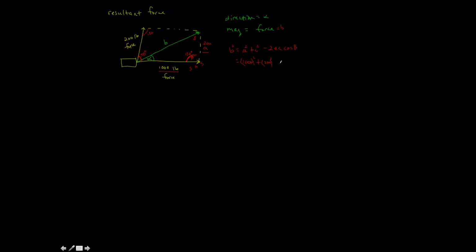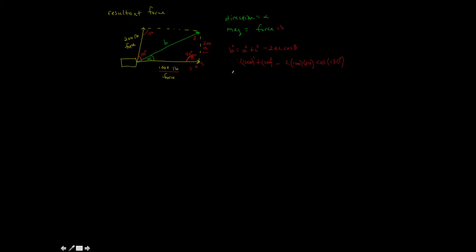Minus 2 times 1,000 times 200 times the cosine of beta, which is 130 degrees. Make sure your calculator's in the right mode.